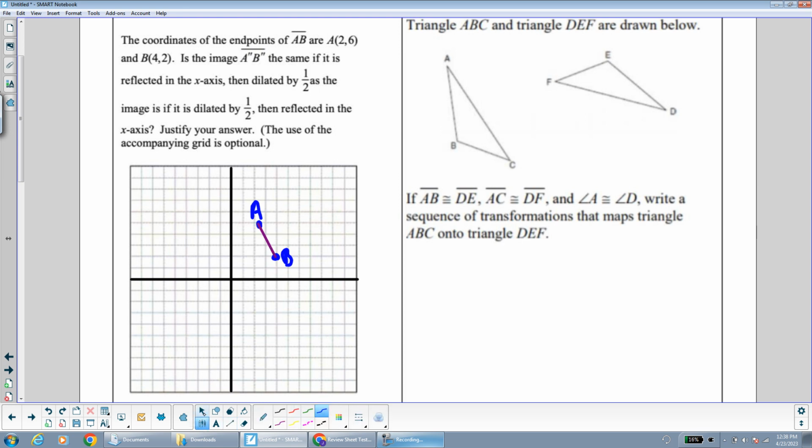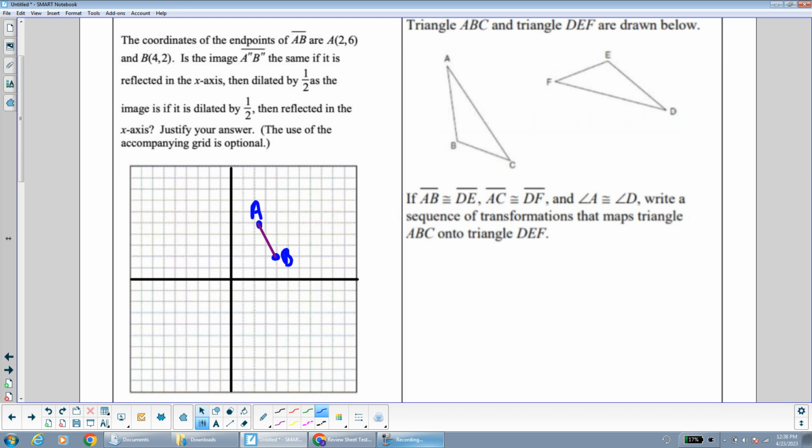Okay, so it says, is the image A prime B prime the same if it is reflected in the x-axis, then dilated by 1/2, as the image if it is dilated by 1/2, then reflected in the x-axis? So basically, does the order of those two transformations matter?